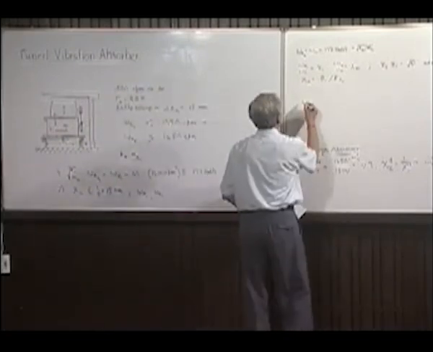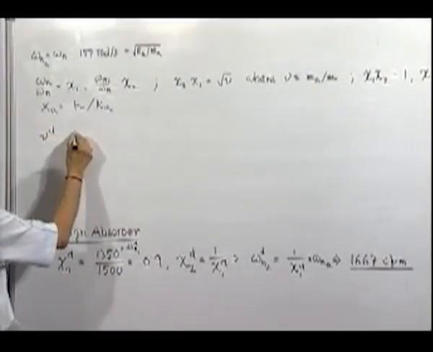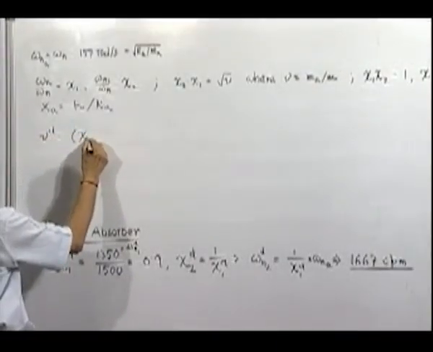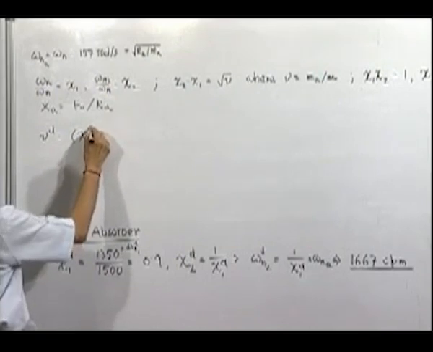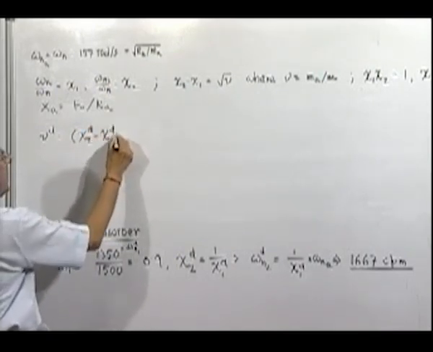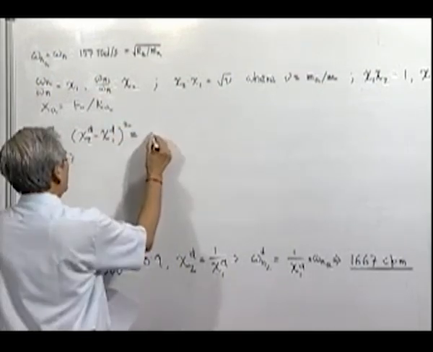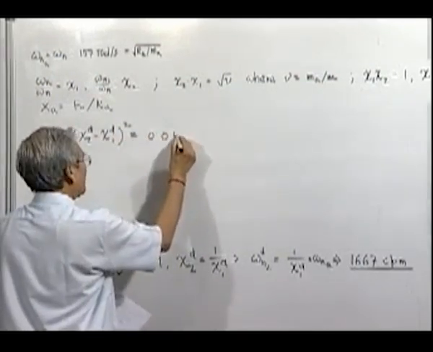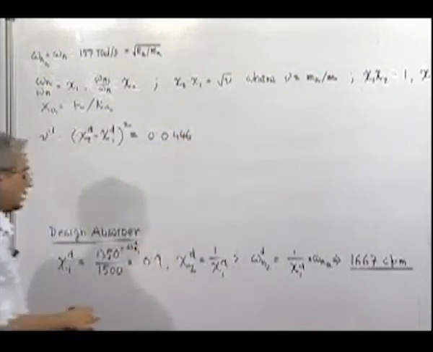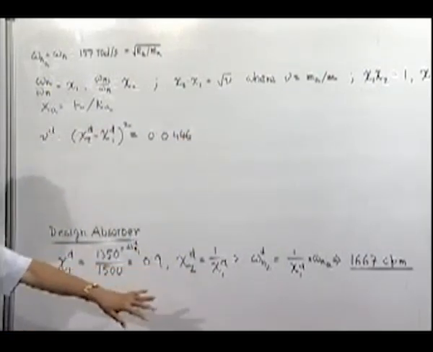You know that the design value of this nu is simply the design value of chi 2 minus the design value of chi 1, squared. Since chi 1 is this, chi 2 is 1 by 0.9.